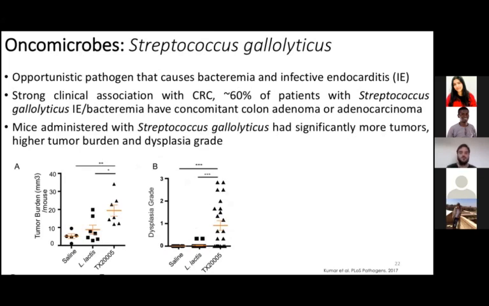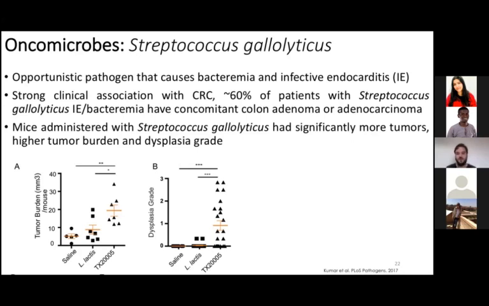Another interesting microbe that has been shown to have some evidence of carcinogenic effects is Streptococcus gallolyticus. So this is an opportunistic pathogen that causes bacteremia and infective endocarditis. There's been a strong clinical association with CRC, in that about 60% of patients that were found to have Streptococcus gallolyticus bacteremia also were found to have colon adenomas and adenocarcinomas.